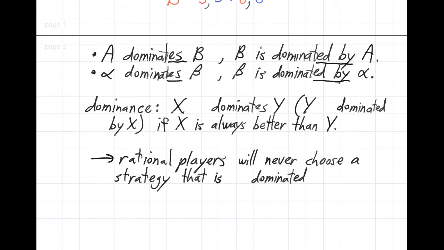Now, I've left out a term here because I want to make a distinction between two things. There's the concept of strict dominance and weak dominance. What we've talked about so far is technically strict dominance. So what I should have done is write in here, and in here, that these refer to strict dominance.